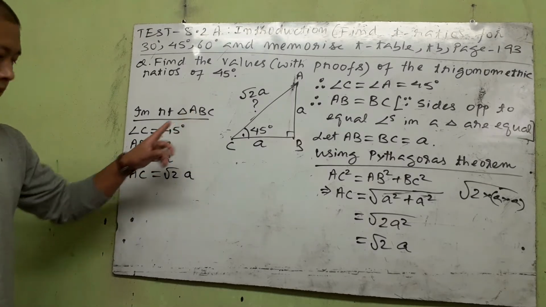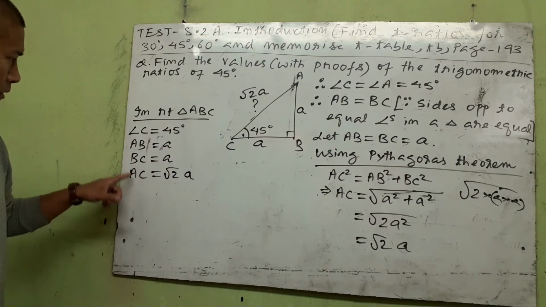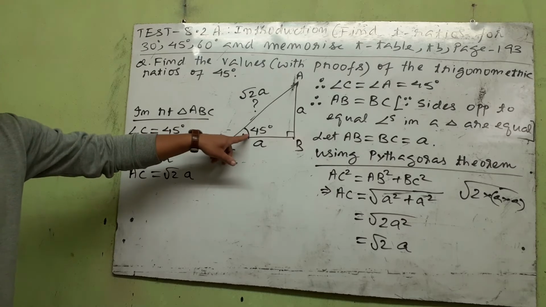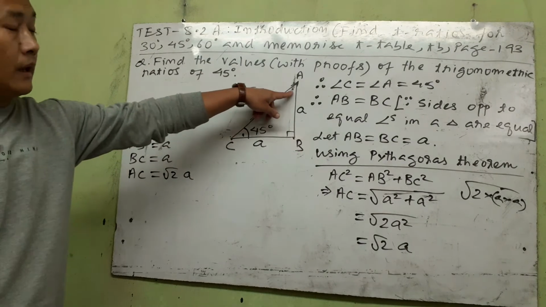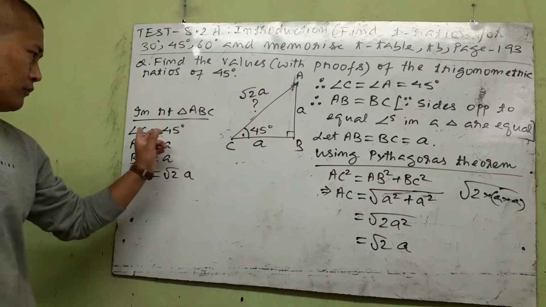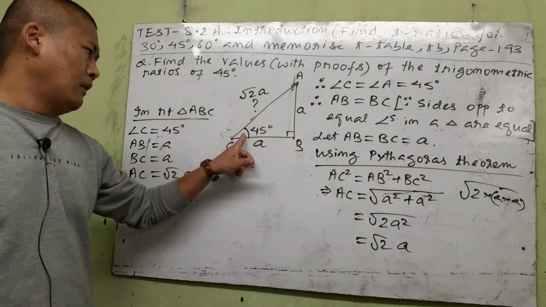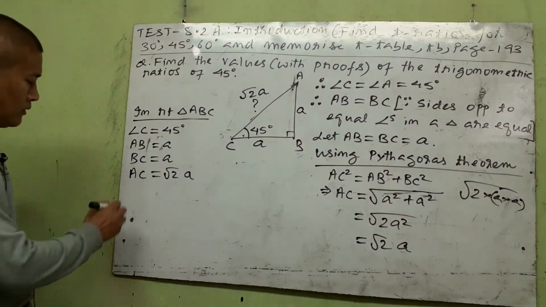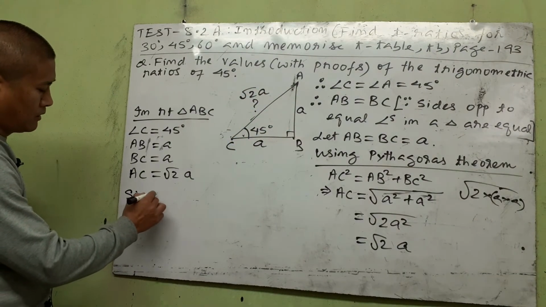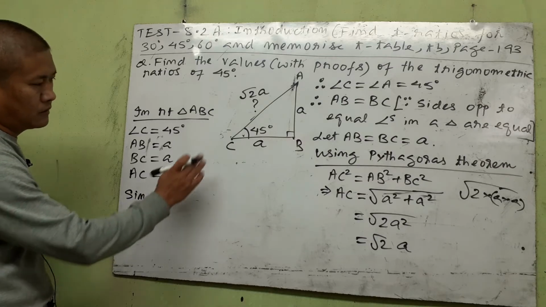So in this right triangle, all the three sides are known to us. We have taken one of the angles as 45 because we have to determine for 45 degree. We can even take A also, up to us whether we choose to take the reference angle as C or A, because both are 45. So I will write here sine angle C in this right triangle.